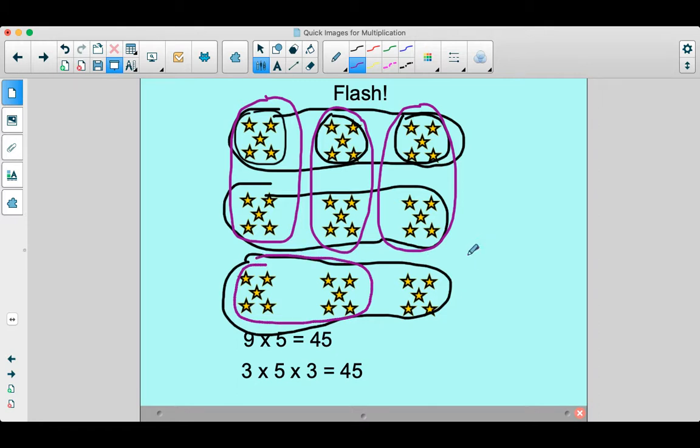Oh, and then that one didn't make it into a group of 10. It's only a group of 5. So maybe some of you are like 1, 2, 3, 4 groups of 10, plus the little 5 that didn't make it at the end. 4 groups of 10 plus 5 still makes us a 45.